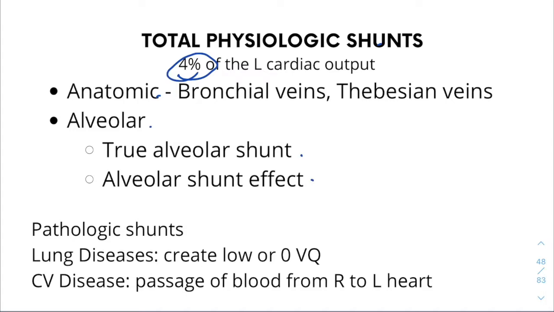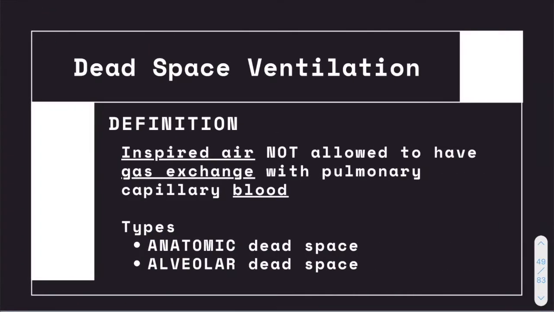However, in pathologic states wherein you have increased shunts, like in lung diseases that may create a low or a zero VQ, or in cardiovascular diseases that can have passage of blood from right to left heart without oxygenation, like in congenital heart diseases, you will have an increased shunt that may increase your total physiologic shunt.